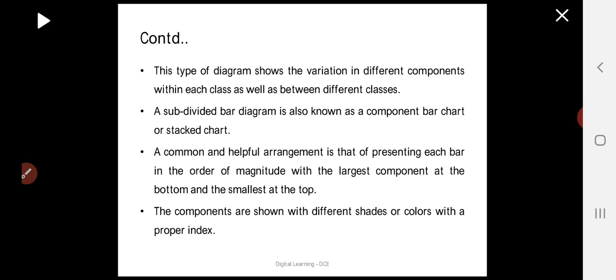A common and helpful arrangement is presenting each bar in order of magnitude, with the largest component at the bottom and the smallest at the top. We can use otherwise also. The components are shown with different shades or colors with a proper index, so that it is easy to identify.